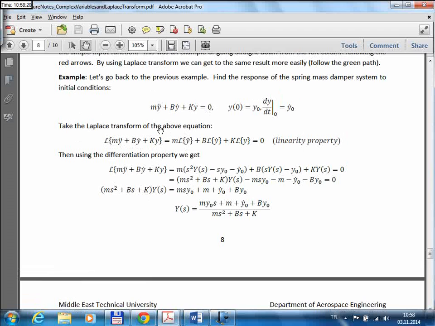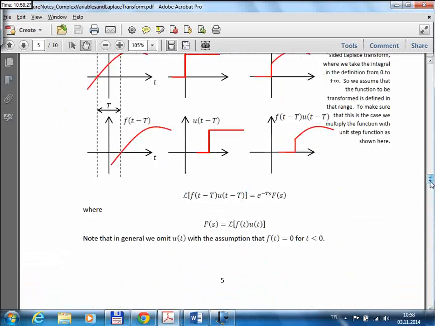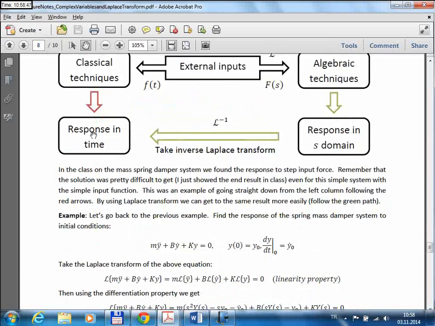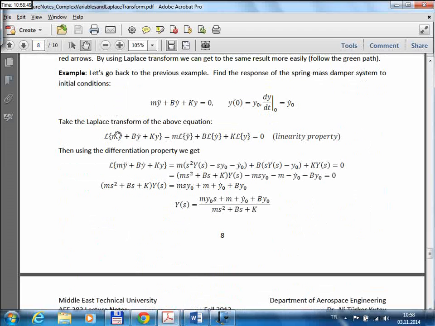If you remember the linearity property, we can quickly go back and remember what it says. If you have functions of time added or subtracted, you can take transformation separately. That means instead of taking all these terms together, we can separate them.